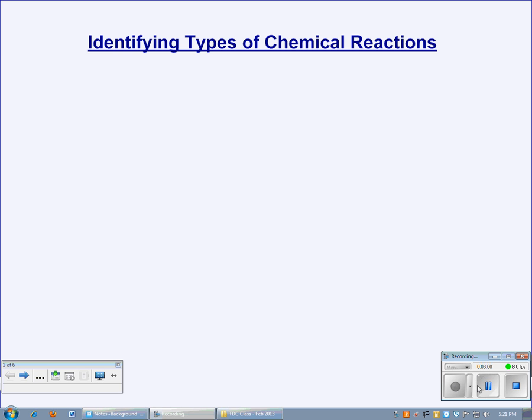Okay, back to the first type, combustion. Now, when you hear the word combustion, you already have kind of a visual picture of what a combustion reaction might be.